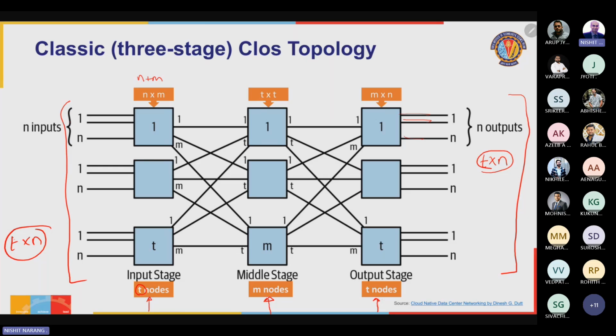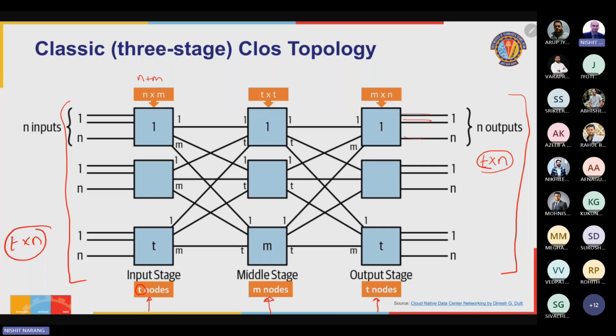That's what we are trying to do. We have T cross N total inputs, T cross N total outputs, and we are trying to create T cross N pairs of calls between these inputs and outputs by using a middle stage, creating a three-stage topology. Okay, so this is what Clos topology enables you to do.